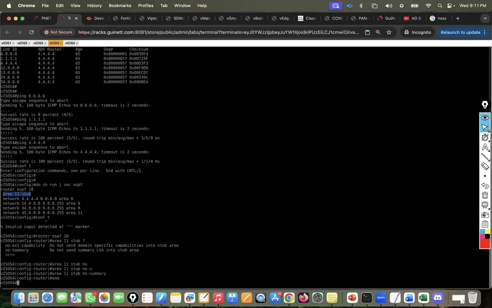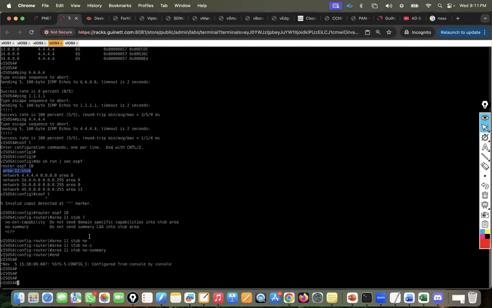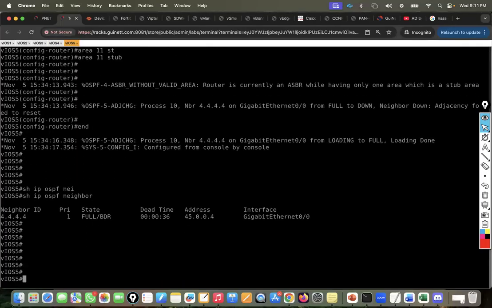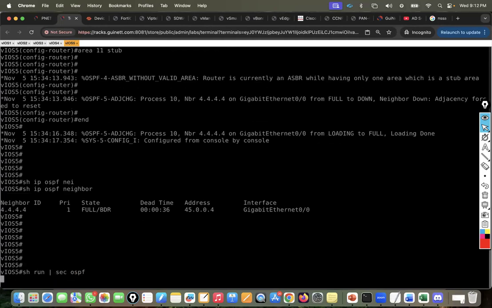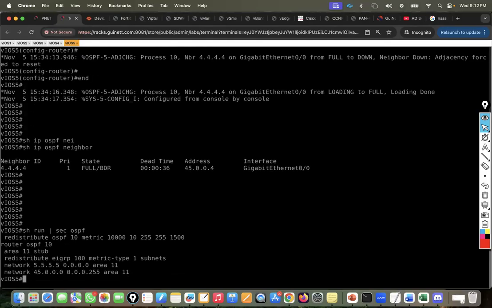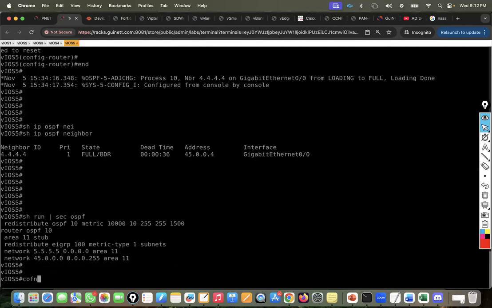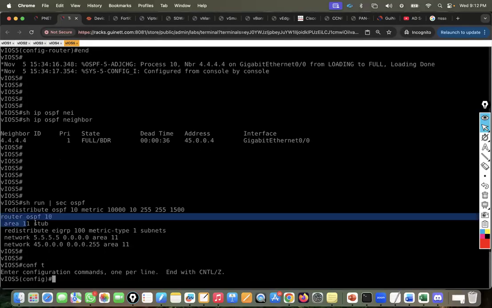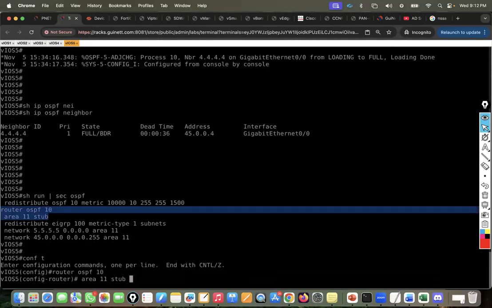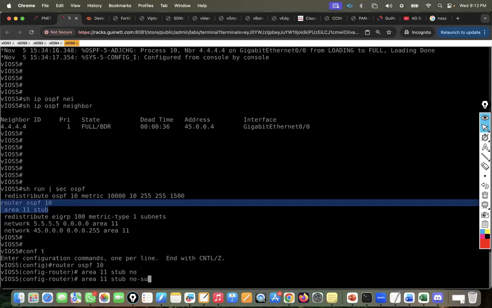Why is it going to go down? Because the other router should also be in the same area. So why didn't it go down? It should be down. Maybe I need to clear the OSPF process for some time, but let me add it here as well, with no-summary.